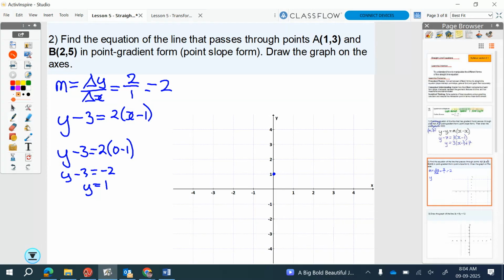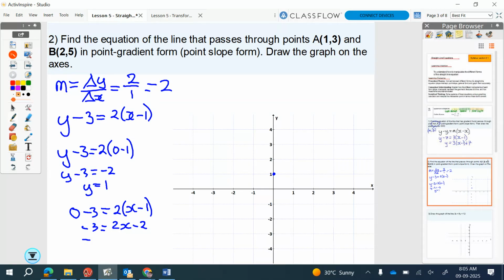I'm going to do the same for the y value. If I make y 0, enter a 0 in here this time, 0 minus 3 is equal to 2 bracket x minus 1. Expand the bracket, we're going to get 2x minus 2 is equal to minus 3.